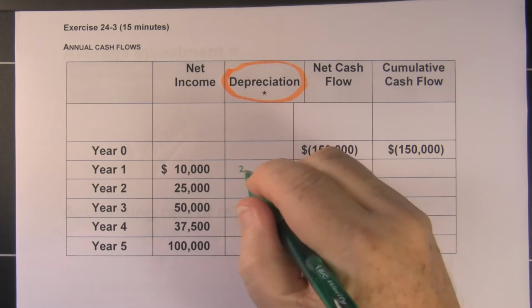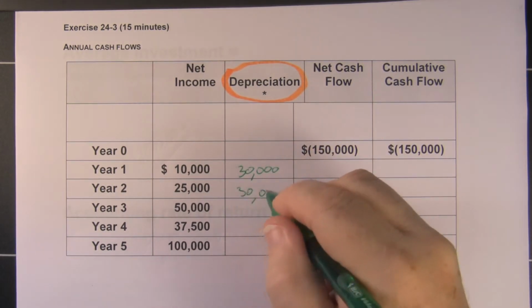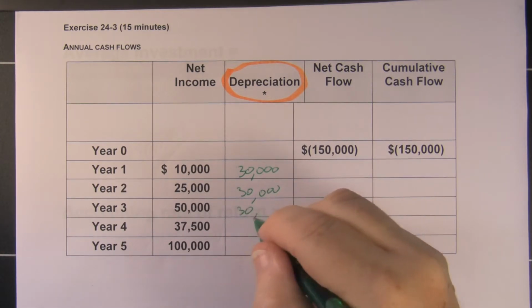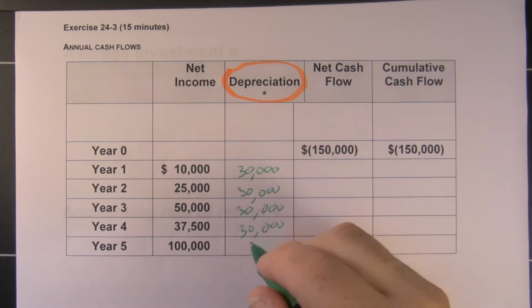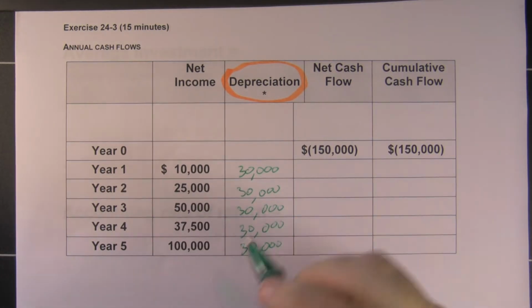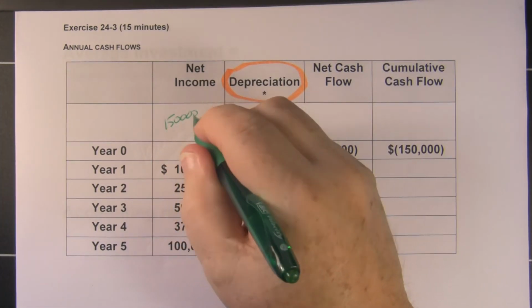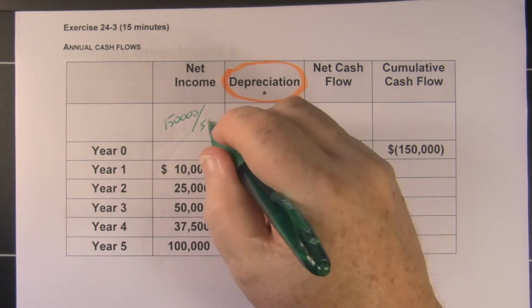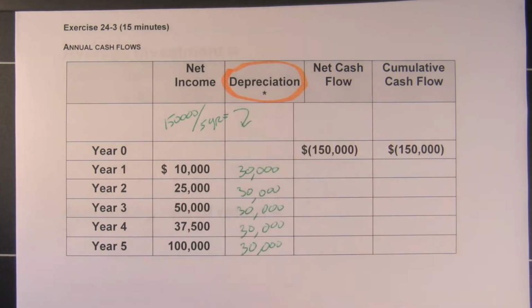And we'll add the 30 because the book tells us that they use straight line depreciation with a zero residual value over 5 years. So if the asset cost $150,000, and we depreciate it over 5 years of useful life, the annual depreciation is $30,000 per year.